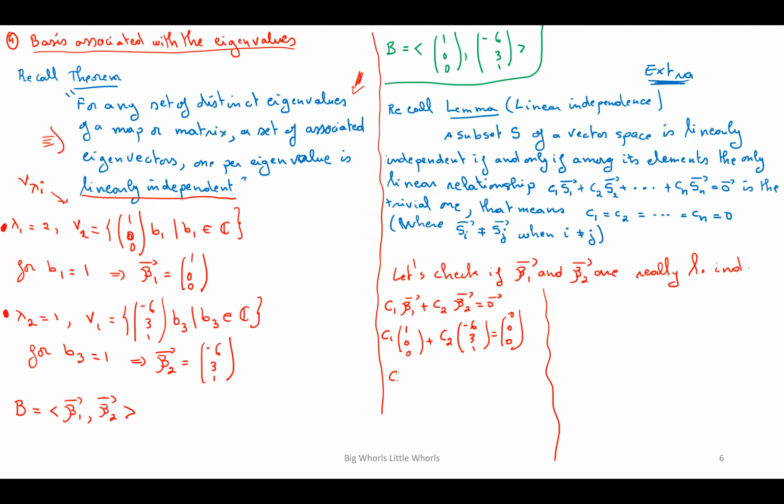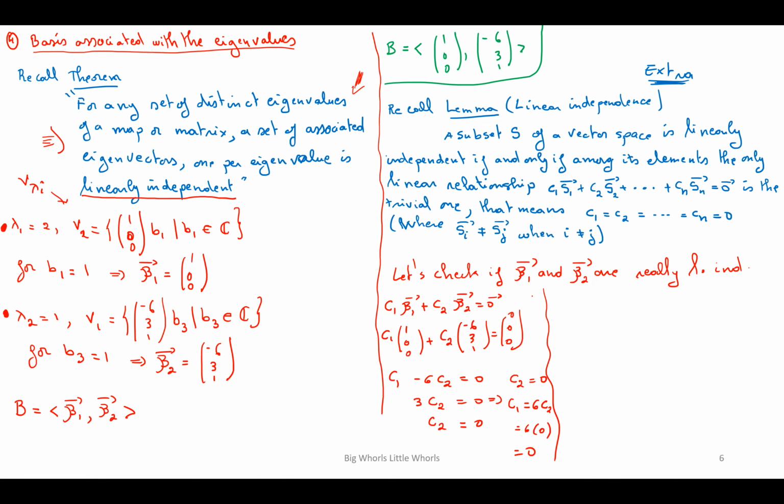So here you have c1 minus 6 c2 equals 0, 3 c2 equals 0, and c2 equals 0. That means c2 equals 0 and c1, which is equal to 6 times c2 from row 1, is equal to 6 times 0, which is equal to 0.